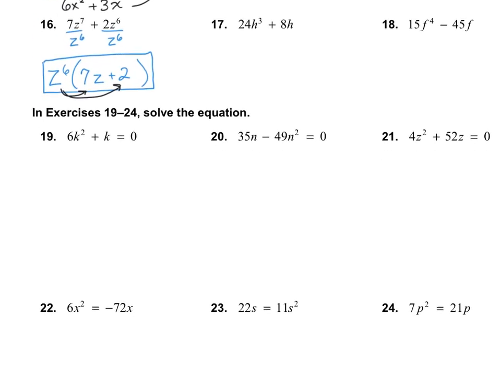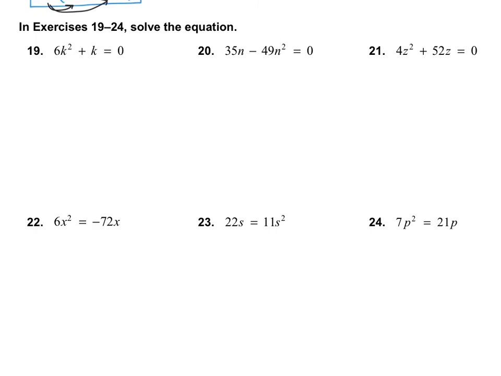So I'm just going to go ahead and skip ahead and let's take a look at number 19. What we're going to do first on this problem is factor out what we can. If I look at the two terms, we have 6k squared and we have k. So we can't take out any numbers, but we can take out a k.